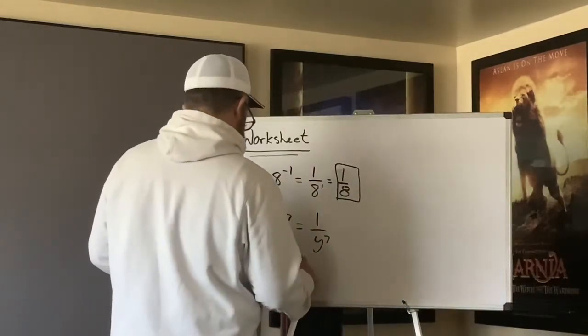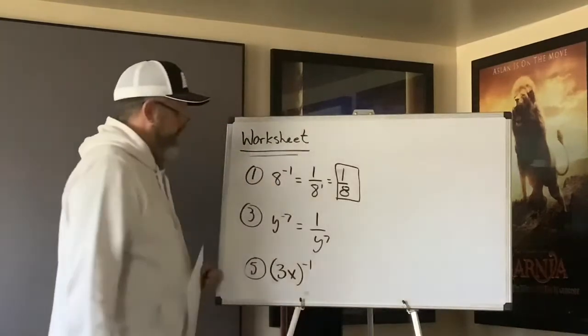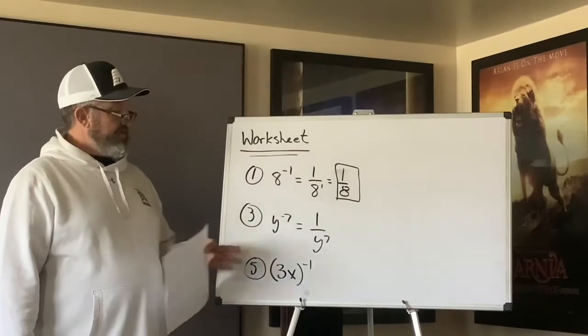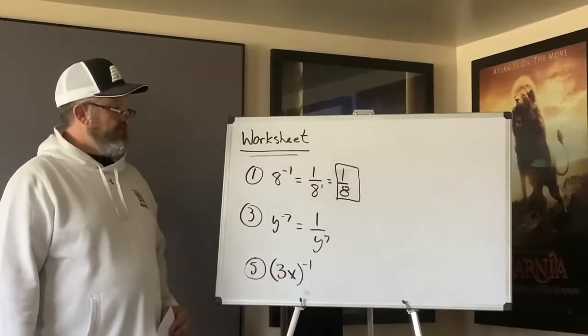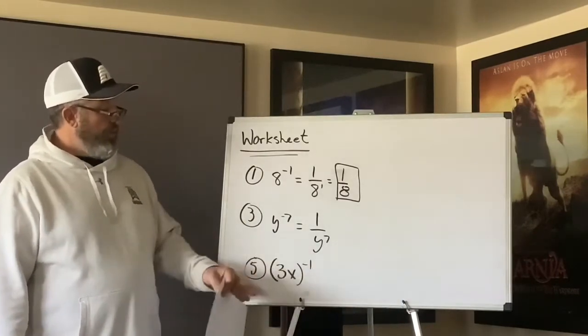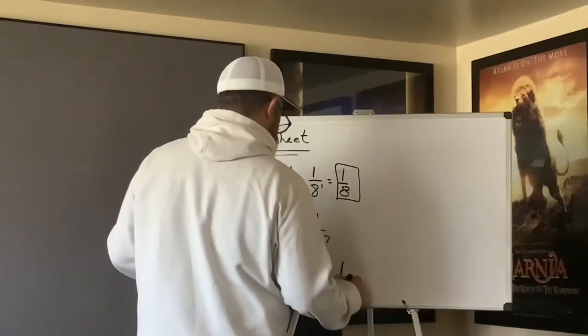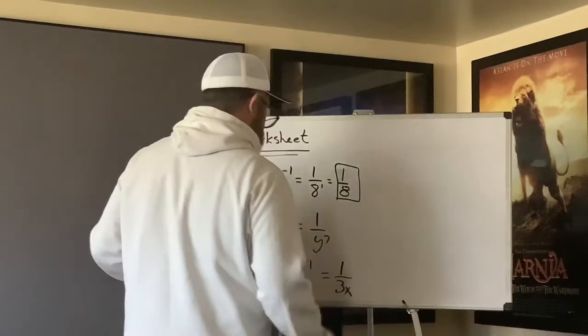So anyway, now what if we did this one? 3x in parentheses to the negative 1. All right, now, this whole thing is raised to the negative 1 power, okay? So the whole thing goes to the bottom. So it's 1 over 3x.